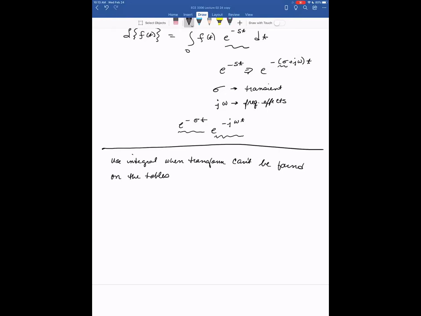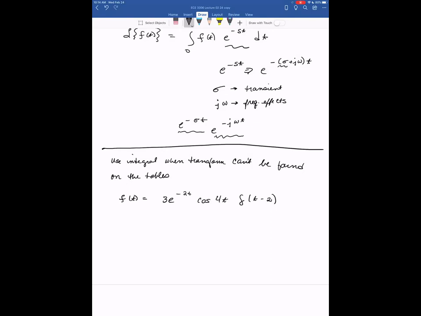The point is when you get past these simple transform pairs, probably you need to look at another approach or a property or integrating directly instead of trying to search on the transform. So let's look at an example of that. Let's look at f of t is 3e to the minus 2t cosine of 4t del of t minus 2.